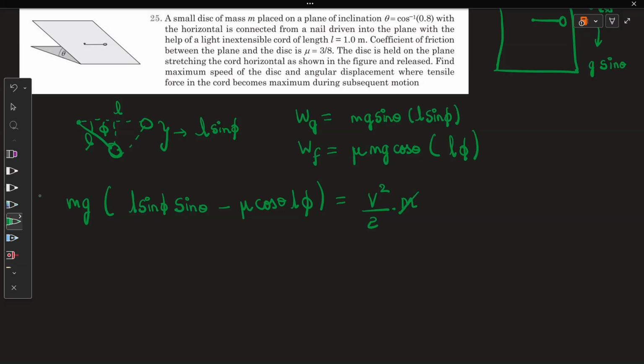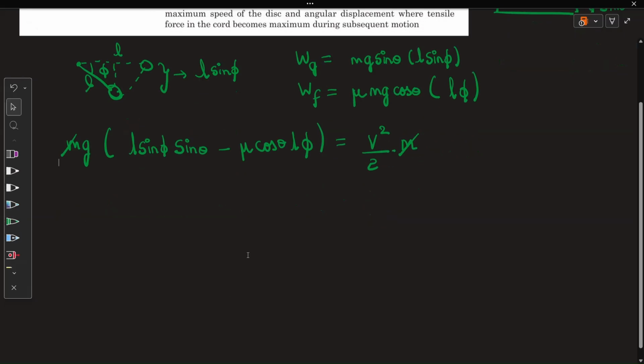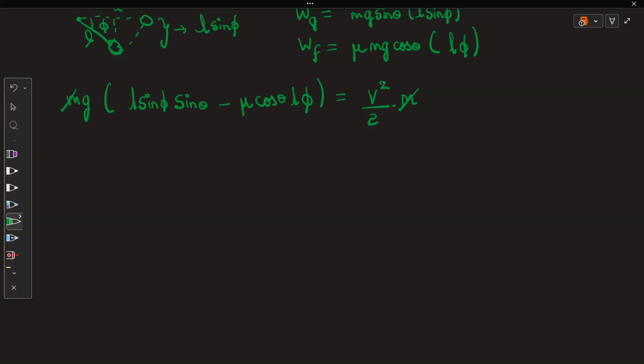That is kinetic energy. I am cancelling this mass. Now we have to maximize this velocity. Now I will differentiate both sides. So, what I get is L g.